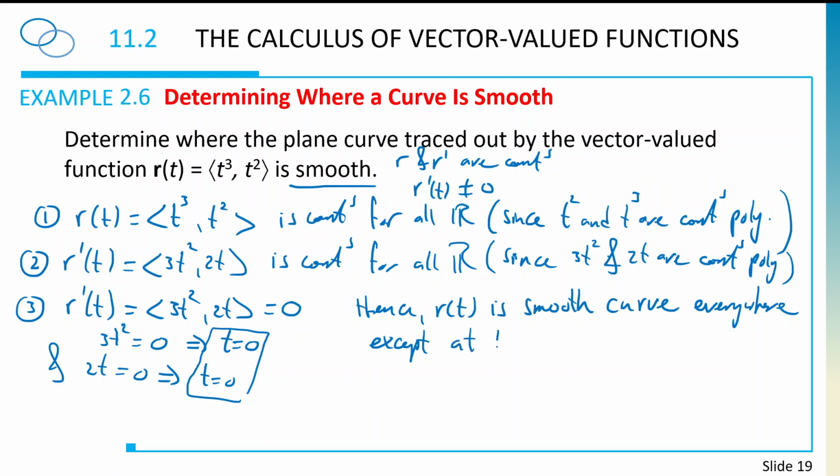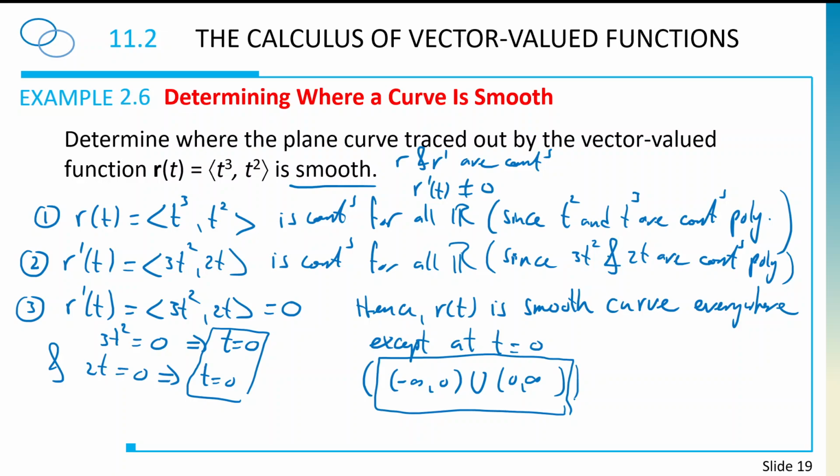Except at t equals 0. So I could write it as what? From negative infinity to 0, union from 0 to infinity. This is the interval where this curve is smooth. Everywhere except at 0 only, at t equals 0. This is the interval of smoothness, where the curve is smooth.